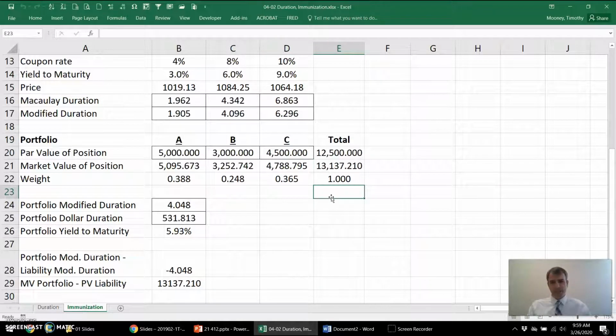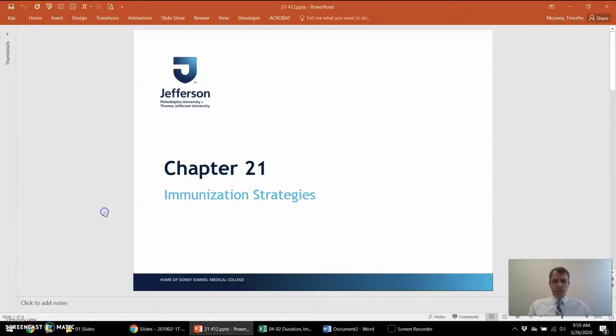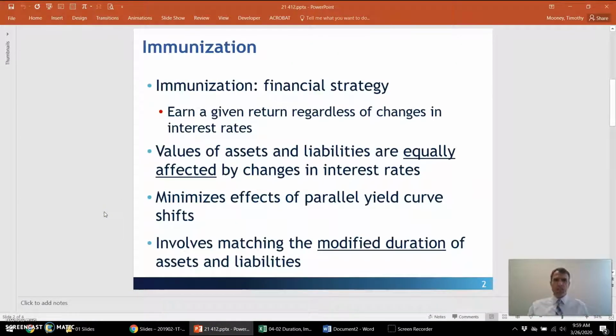So immunization is a strategy to manage interest rate risk, usually in the context of some kind of company that has a stream of liabilities and then some assets to match those liabilities. So like an insurance company has a stream of future liabilities paying out claims to policyholders. Suppose those liabilities have a present value of $100 million.